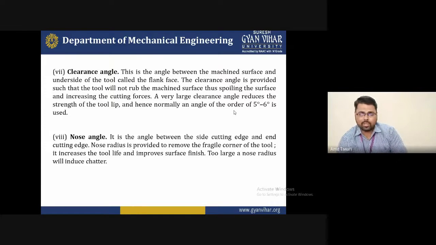So for preventing this type of problem, we must remember that the tool angles are very important, especially the nose angle, because it protects the corner of the tool from wearing, increases the tool life, and improves the surface roughness.